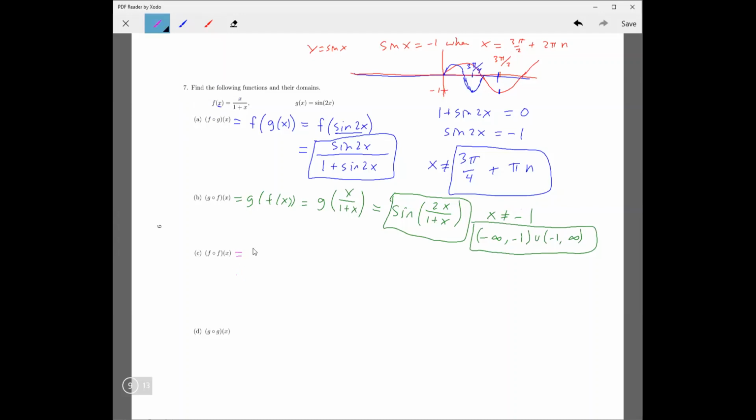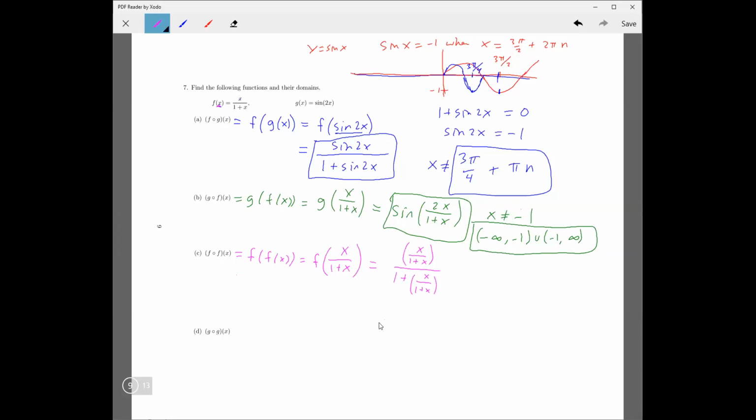Now this next one, f of g of x. So f is x over 1 plus x, right there. And then this x right here got replaced with all that. So each of these x's got to get replaced with that. So this upper x gets replaced with that, and then you got to replace the lower one with that. So there you go.